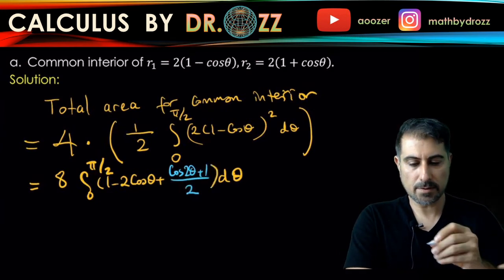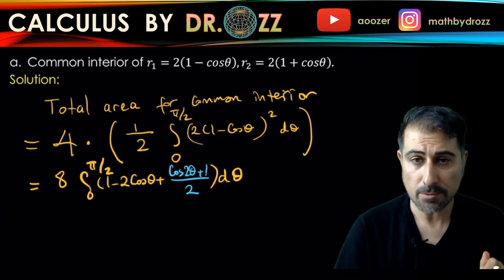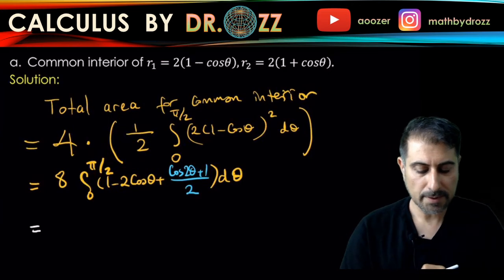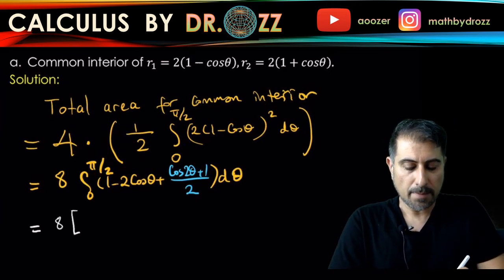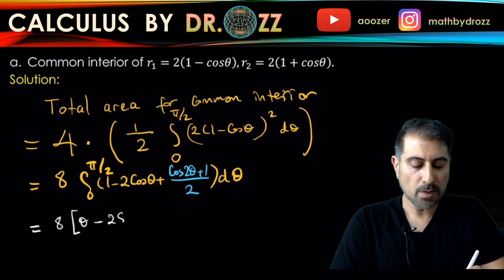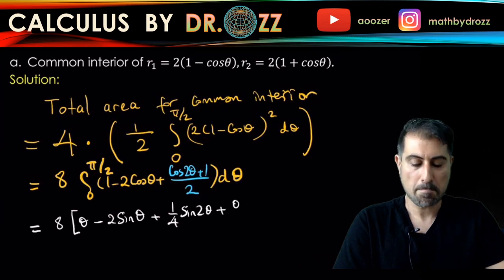All right, so let's just integrate all at once. So we have 8. Let's look at the antiderivative right now: theta minus 2 sine theta plus 1/4 sine 2 theta plus theta over 2.